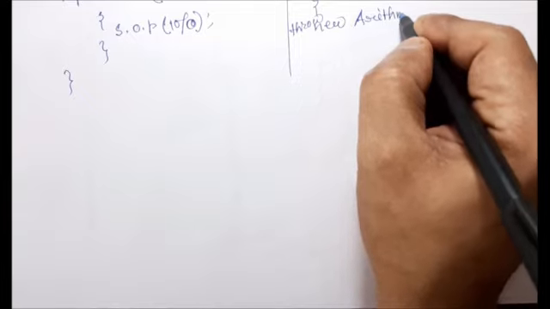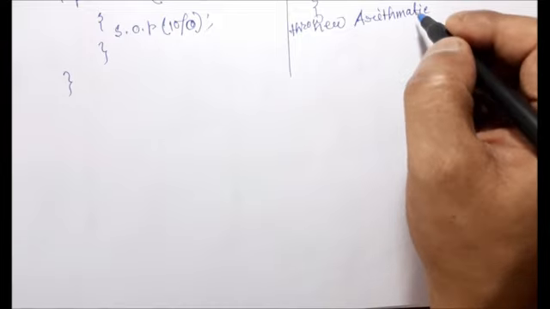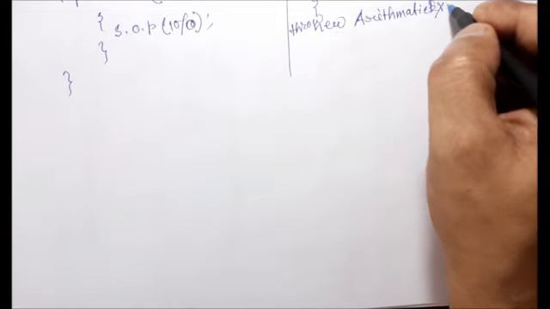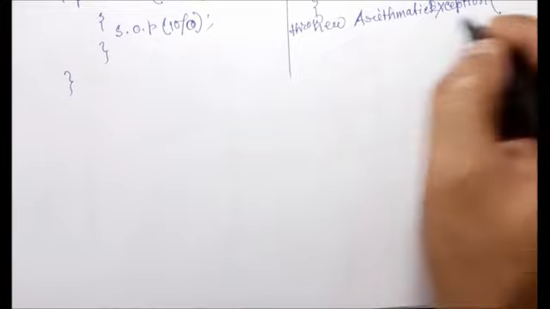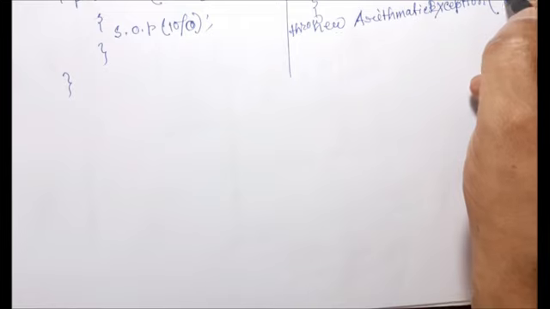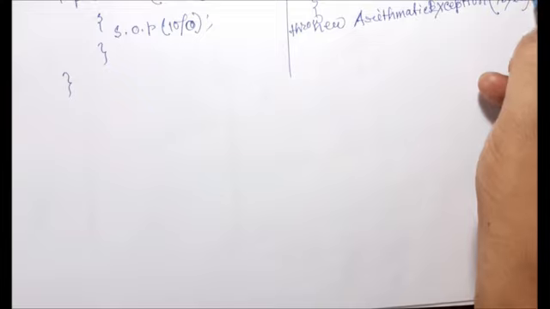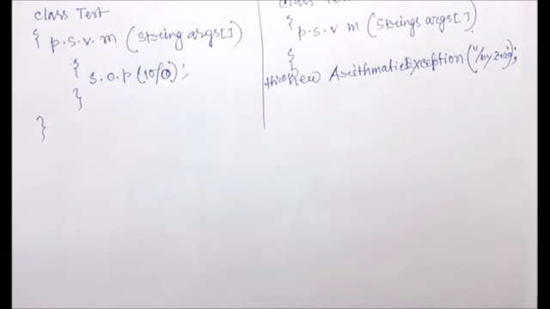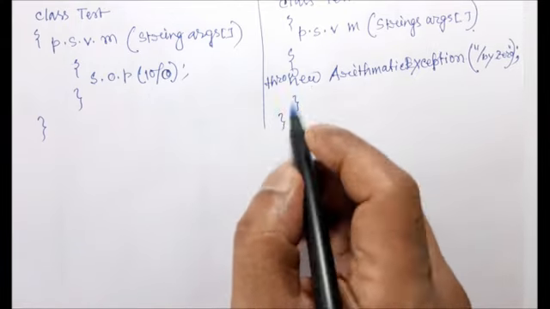For example, we can throw any exception, no problem. Then this is the object, and I have to pass the argument, for example divide by 0, as we have seen right now. This is the description. Now it is clear. Then we close the main method and close the class.